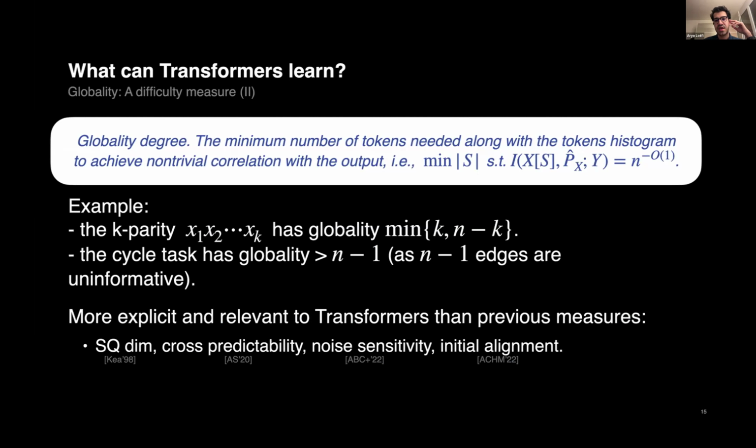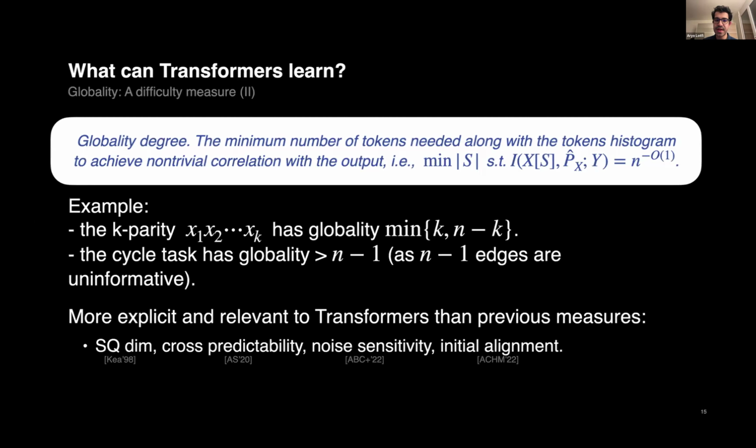The reason we have the minimum of k and n minus k is the histogram: based on the histogram, you know, for example, the sum of the bits. So if k is very large, you can just check the remaining n minus k bits to get the parity of these k bits.